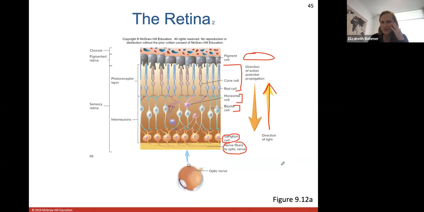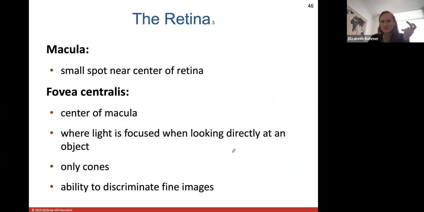So that is a really simplified look at how light is processed. The light hits the back of your eye, and then action potentials travel through all these layers of cells to then be picked up by the optic nerve to go to your brain.